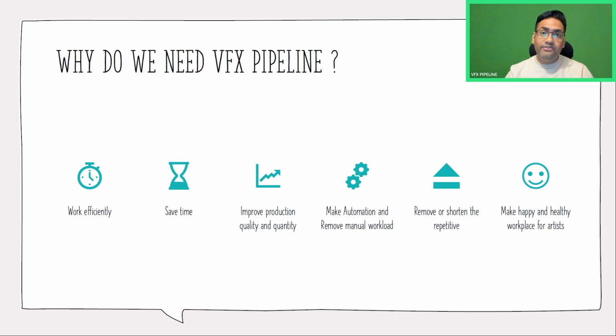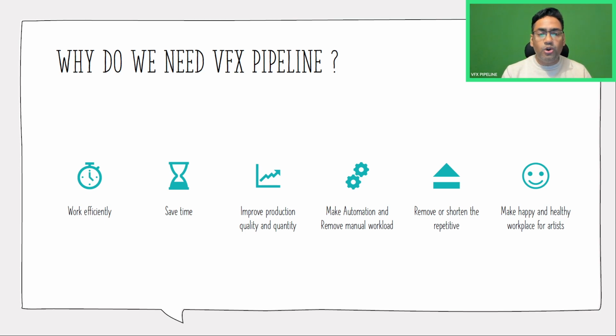If you save time, you have more time to do iterations, and once you do more iterations, you can finish more work in the same amount of time. Similarly, if Studio X is finishing two shots in one week, but you have a standard pipeline, then you might finish four shots in a week. That helps you improve both the quality and the quantity of your production.